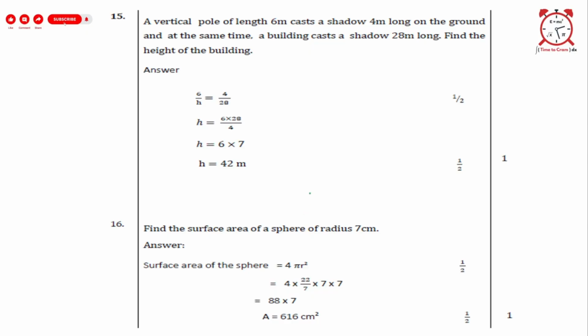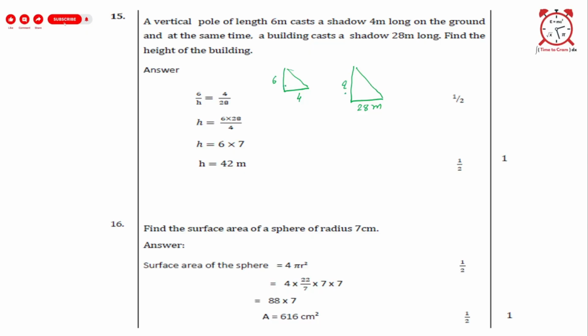Next question, students. A vertical pole of length 6 meter casts a shadow 4 meter long on the ground. At the same time, a building, suppose this is the building, casts a shadow 28 meter long. We have to find the height of the building.